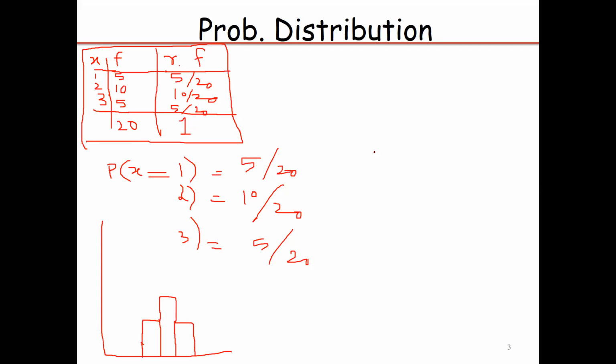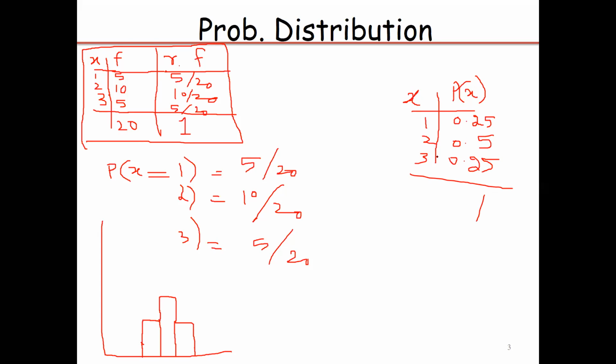In simple form, I can write down x and P(x): 0.25, 0.5, 0.25, with a total of 1.